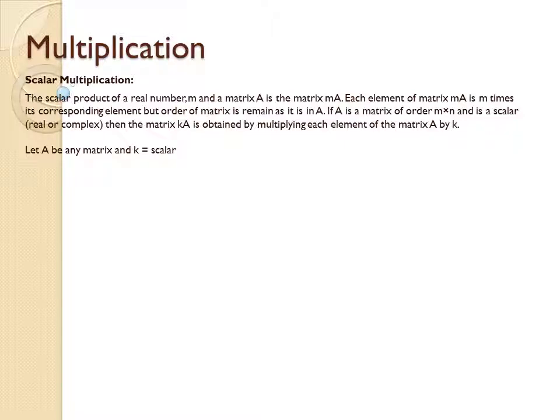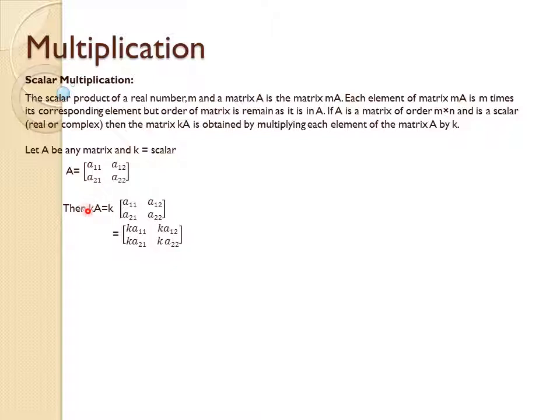Now there is a simple thing, that is scalar multiplication. If the scalar product of a real number m and a matrix A is taken, then the resultant is m into A. Each element of matrix mA is m times its corresponding element, but the order of the matrix remains the same as A. If A is a matrix of order m cross n and K is a scalar, then the matrix KA is obtained by multiplying each element of the matrix A by K. Let's say the matrix is A and the elements are A11, A12, A21 and A22.